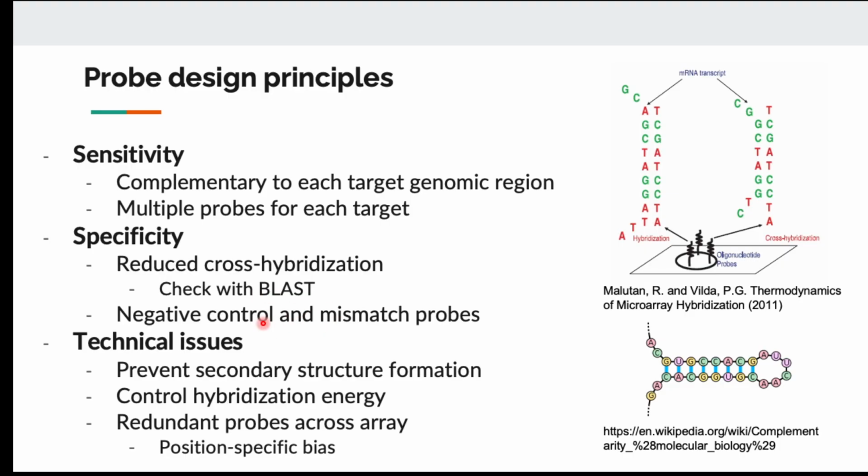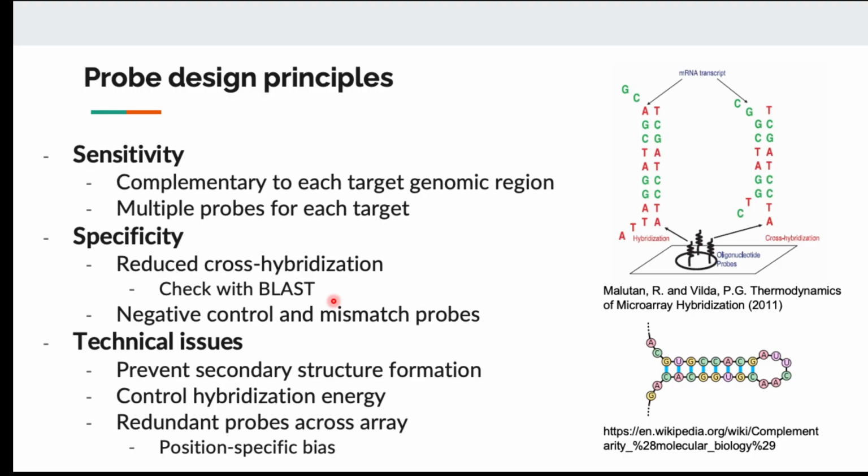And later on, we'll see some slides that talk about how we not only want a nucleotide that can perfectly match the exon, we also want to have some negative control, where we introduce some mismatch. We intentionally make the probe not perfectly complementary to the exon. And that will allow us to measure the non-specific binding.